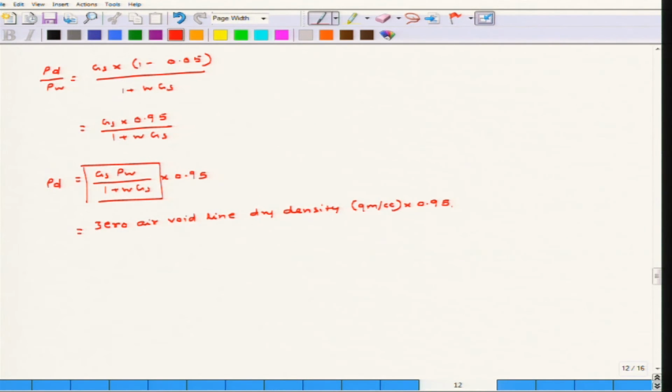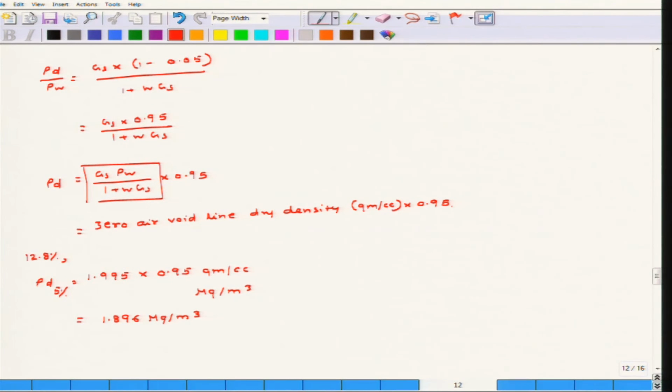For 12.8% water content, rho d for 5% will be 1.995 into 0.95 gram per cc or megagram per meter cube, whichever unit is suitable. It will be equal to 1.896 megagram per meter cube.